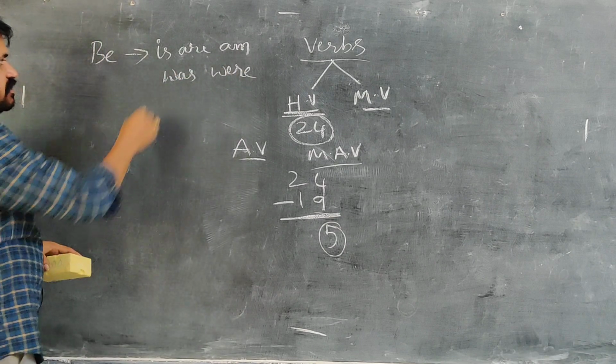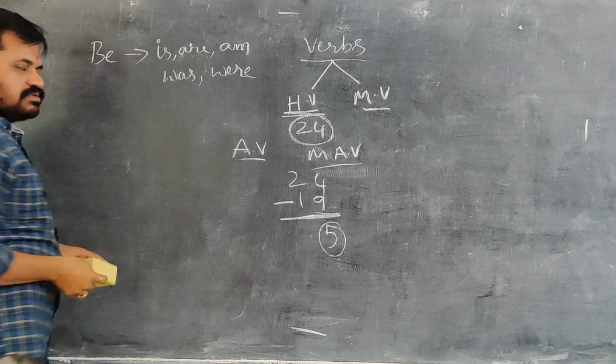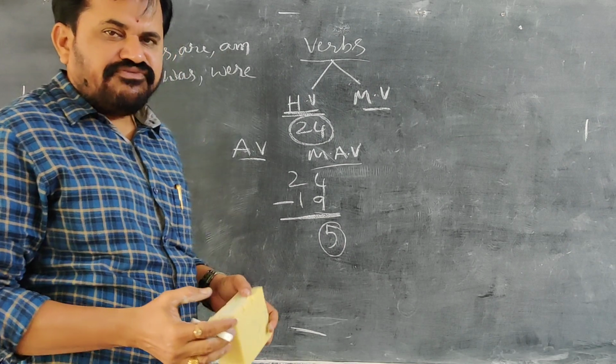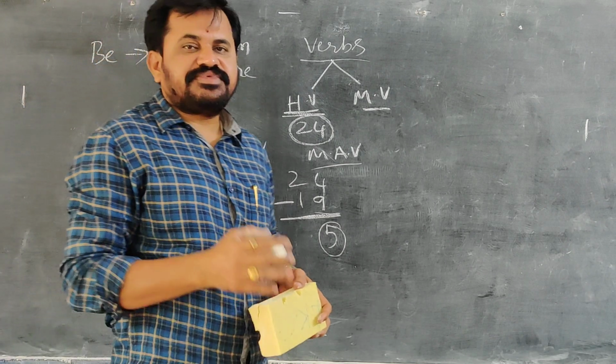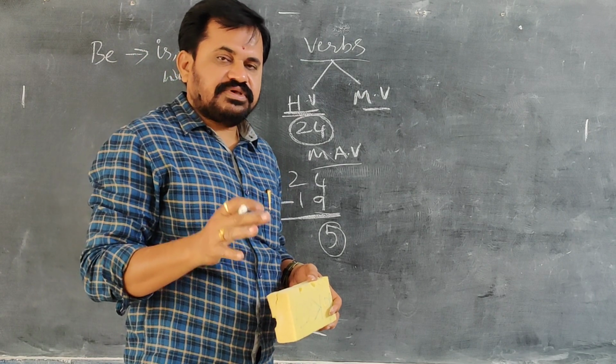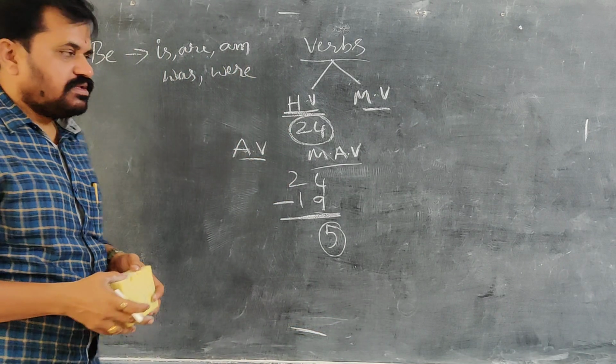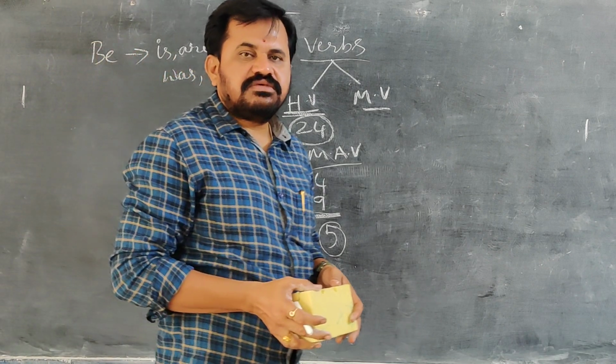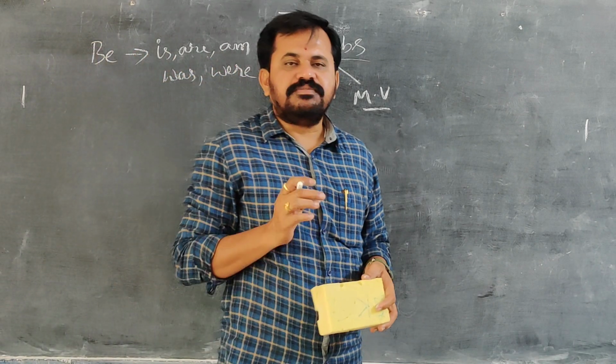These 5 forms are called be forms. The be verb has 4 forms, that is, present tense, past tense, past participle, present participle.